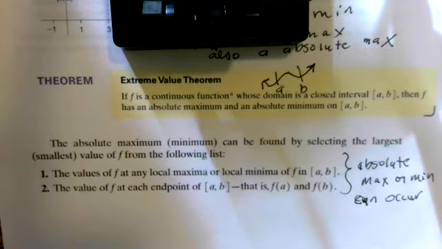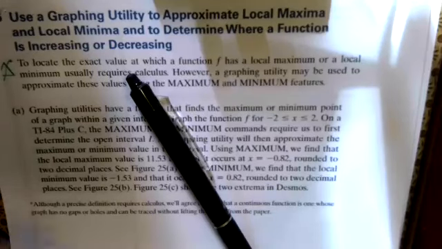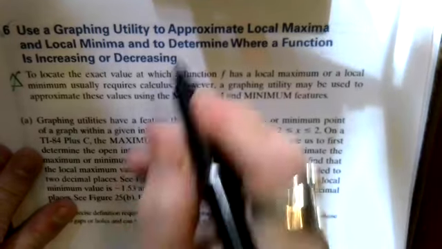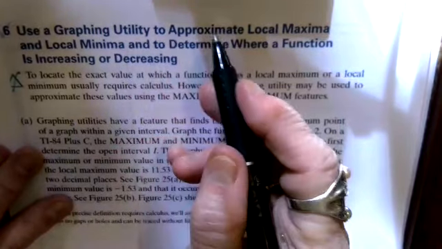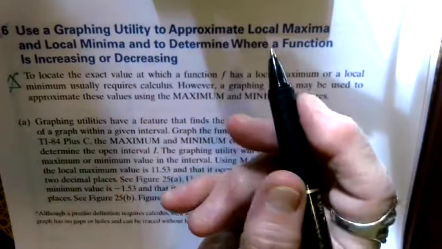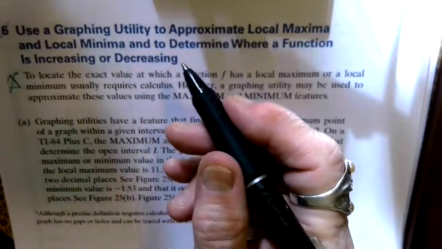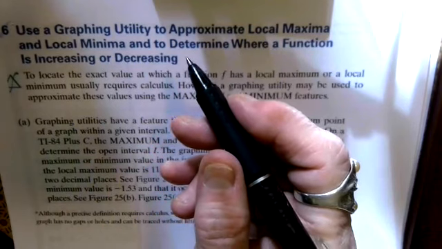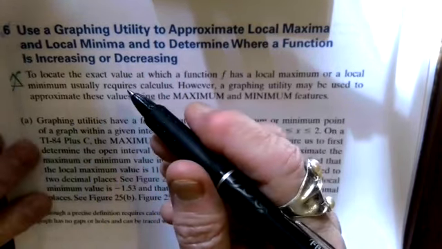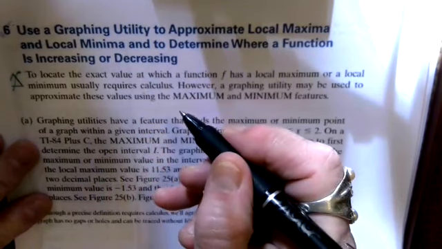So let's go to the next page. The next thing we're going to talk about is using a graphing calculator to approximate local max and local min and to determine where a function is increasing or decreasing. So you can use the graph of the function, and the ones that we were looking at had the x values and the y values labeled.